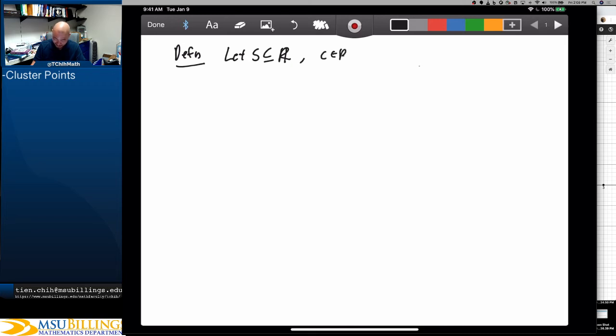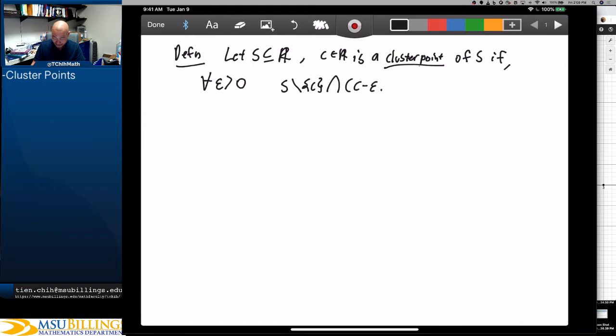C in R is a cluster point of S if, our good friend shows up again, for all epsilon greater than 0, if I take S, I get rid of C, and I intersect this with the open interval (C minus epsilon, C plus epsilon), then that whole mess is not empty.